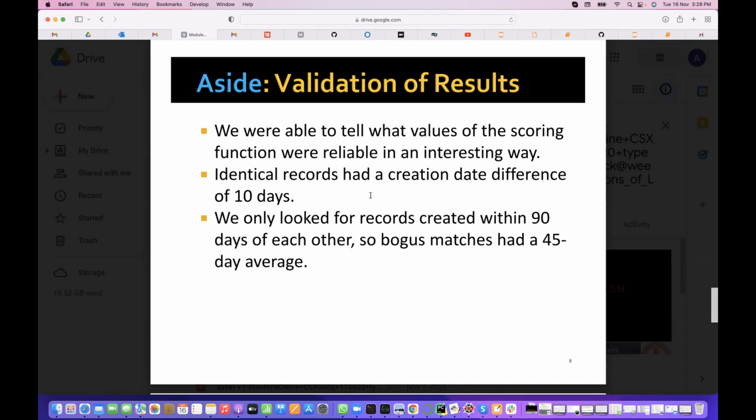It means what happened? They might have entered the same records with a back date. You understand this point? Usually in 10 days, the service will be finished. Then if they found for some records the service is a 45-day average, for duplicate matches, then you can think about what might have happened.